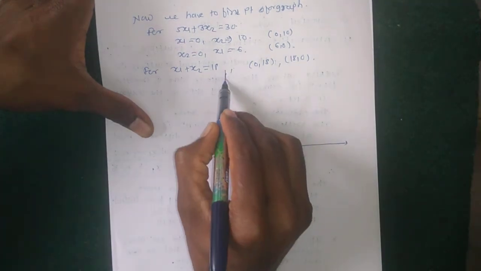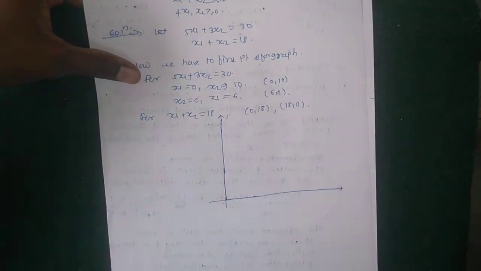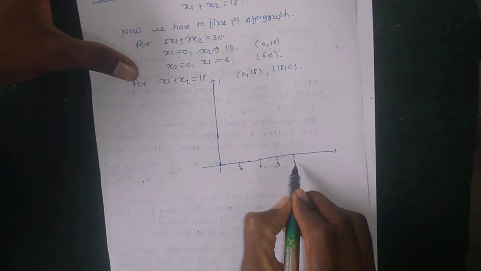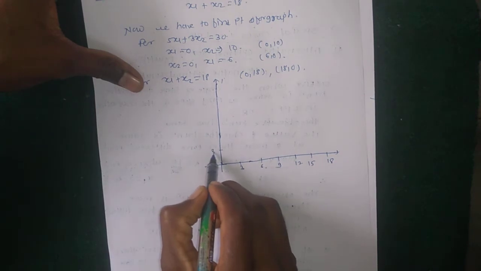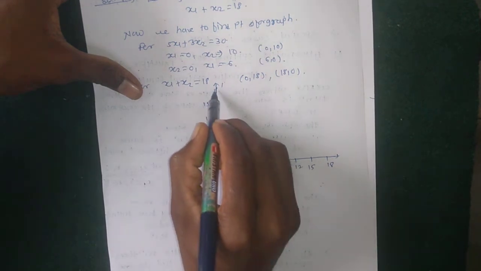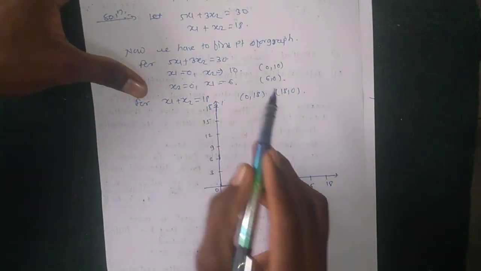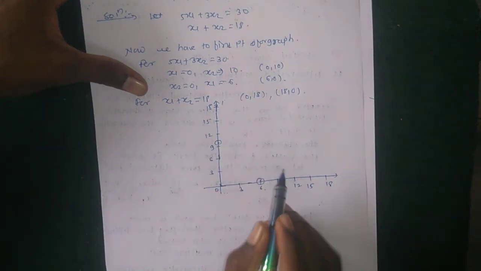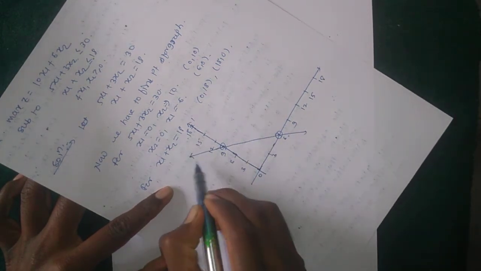Suppose this is our graph. Here the scale is in multiples of 3: 3, 6, 9, 12, 15 and 18 on both axes, and here is 0. The points (0, 10) and (6, 0): join these two points.